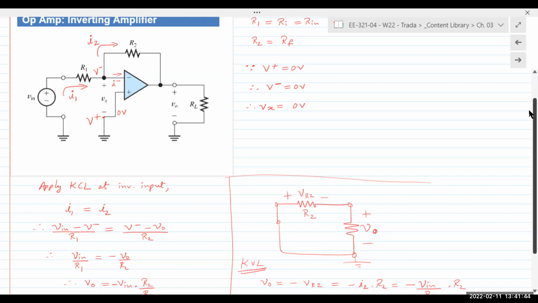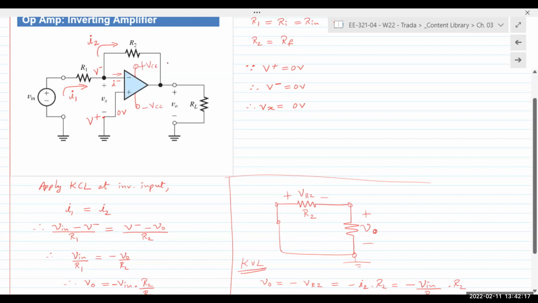In real life op amps, there is actually some current that goes into the op amp. So that's a different consideration. This is assuming it's ideal. For ideal op amps, we make assumptions. For real op amps, there is current that's actually going in. But most of the current that is required for the operation of the op amp comes from the power supply, which of course we don't show, the plus VCC and minus VCC.